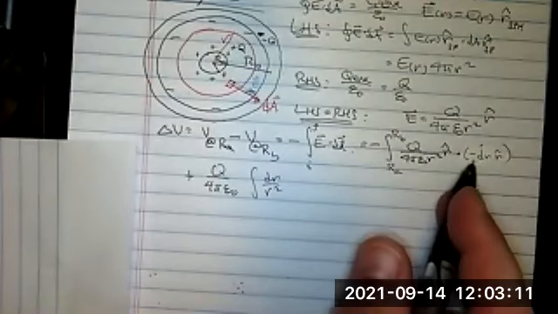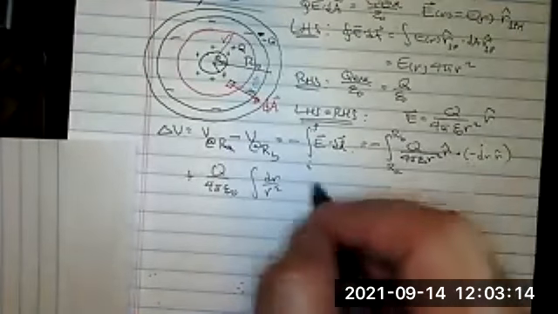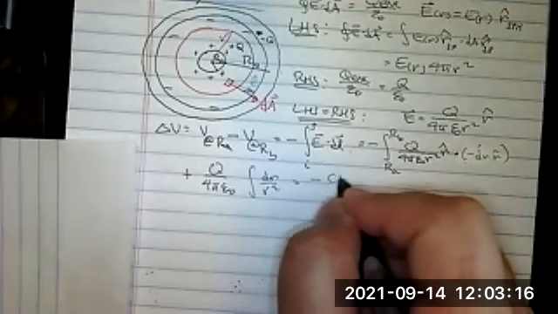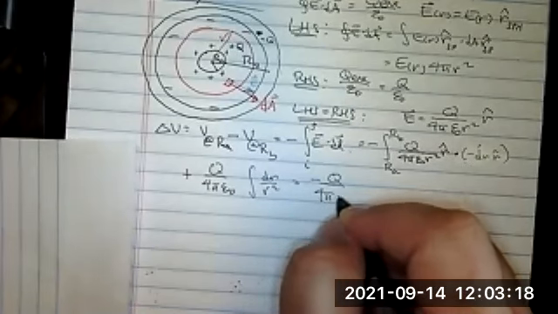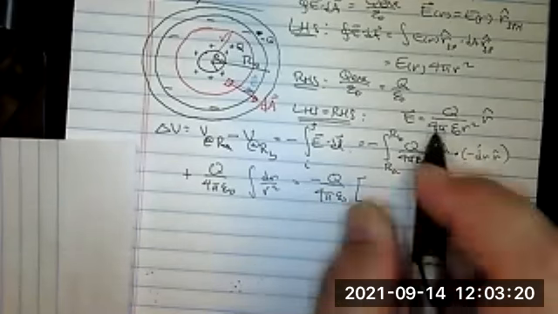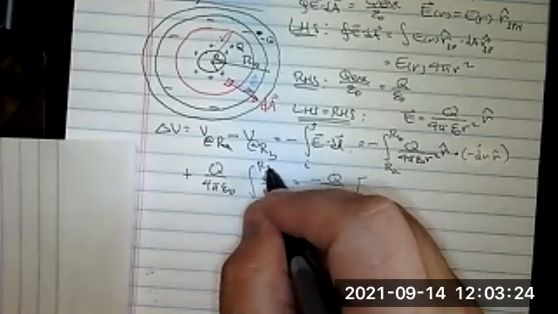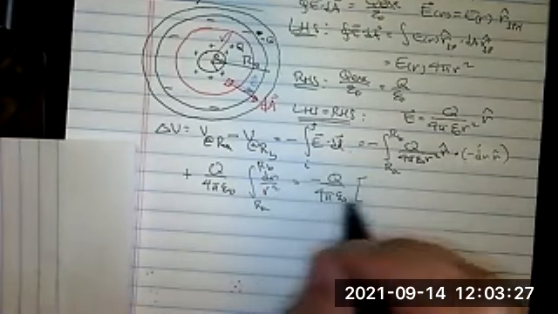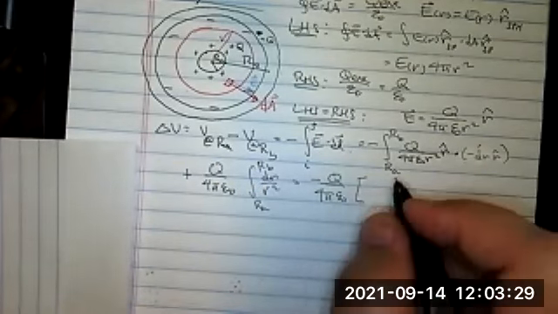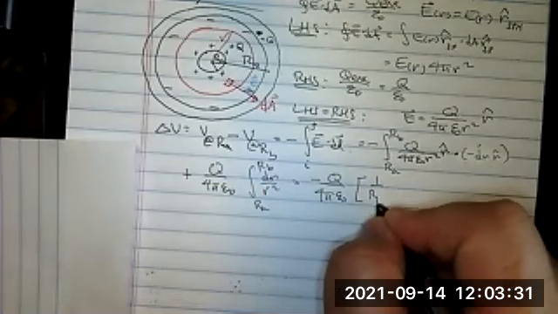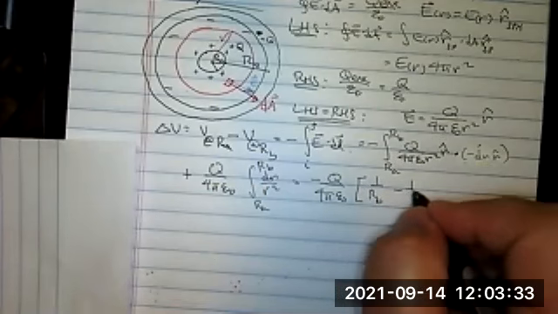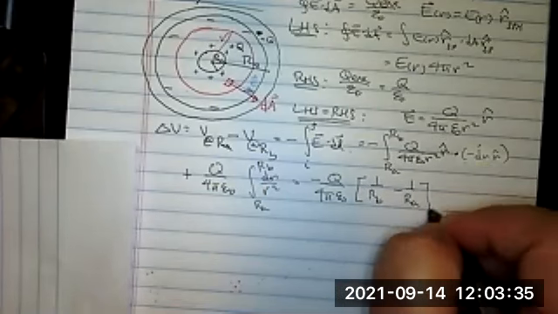This negative and this negative already gave me a positive, so now I'm going to get back to a negative. So I'll say negative Q over 4 pi epsilon naught, and again, this is from RA to RB because I just went in the positive coordinate direction. So this is going to be 1 over RB, which is the bigger one, minus 1 over RA, which is the smaller one.